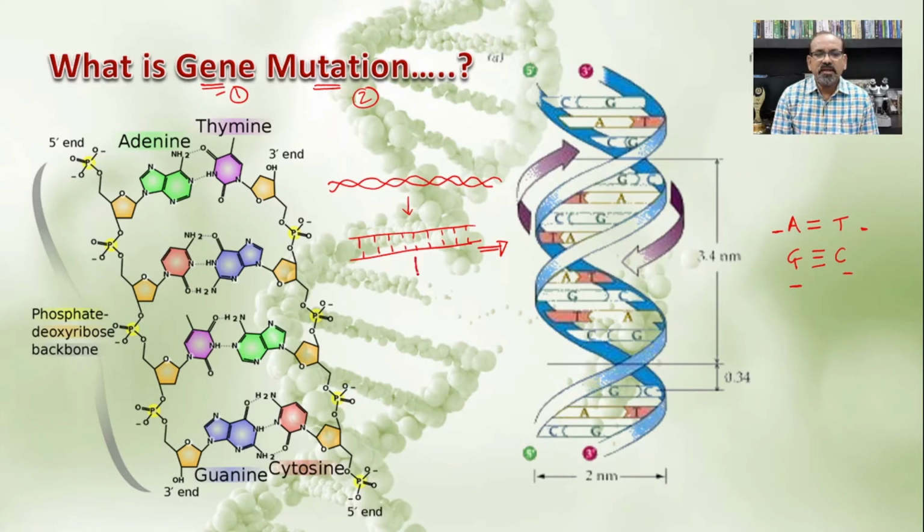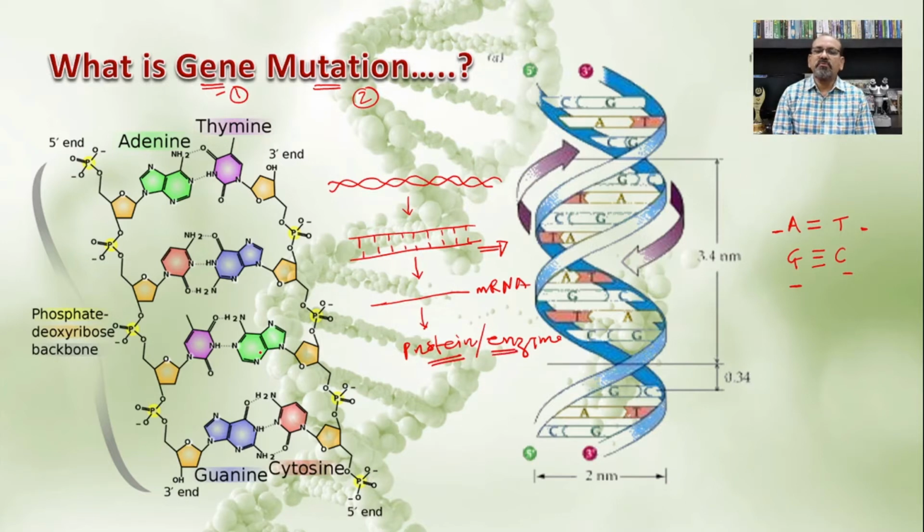Now, this DNA molecule later on is responsible for the formation of the mRNA, and this sequence of nitrogen bases from the mRNA is used for the formation of proteins, and all enzymes are proteins. So, the different functions which are carried out in the body are carried out through the formation of the proteins or the enzymes through this DNA molecule.